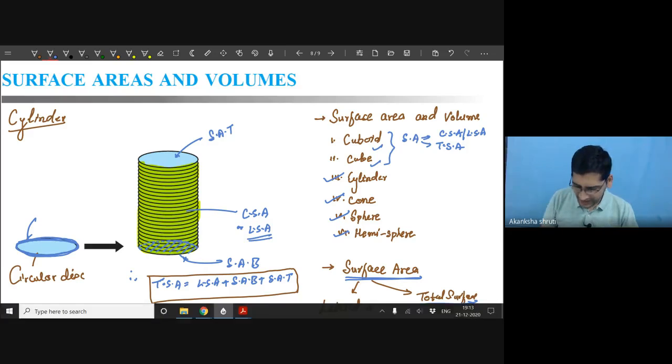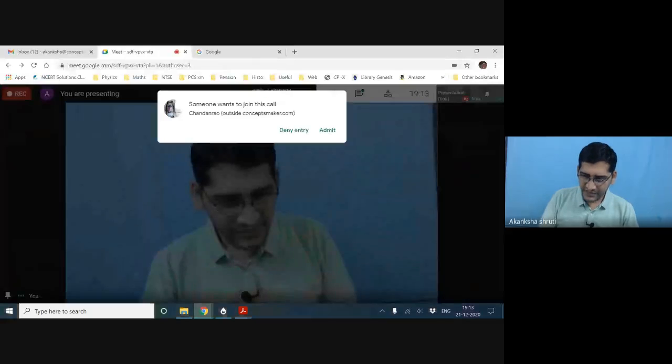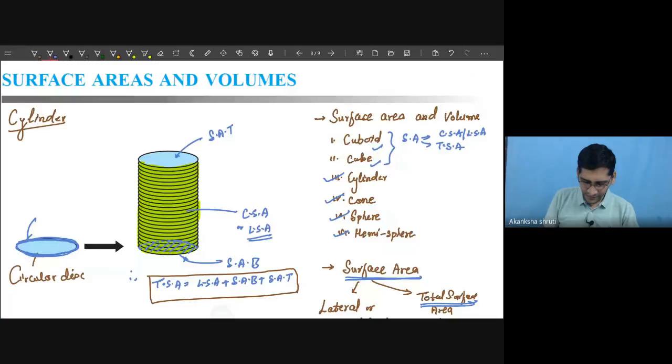So the boundary is here circular, therefore the boundary length can be calculated by the formula of circumference of a circle. This boundary length is your circumference, and this circumference is calculated by 2 pi r. It is one thing.